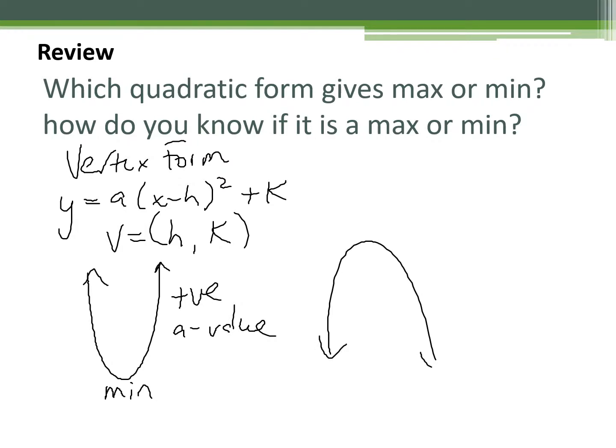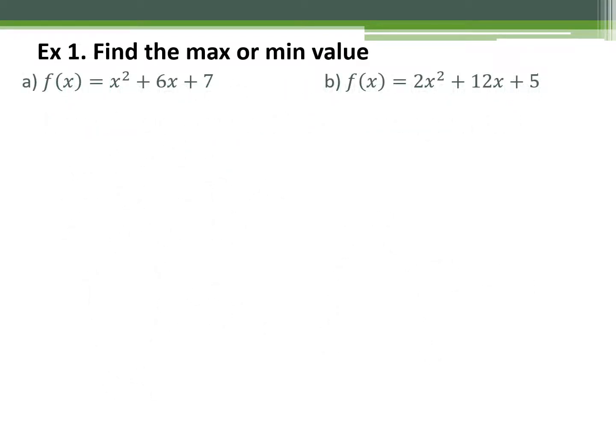If your function has a negative a value, that means it opens down, which means it comes to an absolute top or peak, and that means it makes a maximum. So whenever you see min or max type questions, you have to be thinking vertex form, because I need the vertex. We are going to find the max or min value.